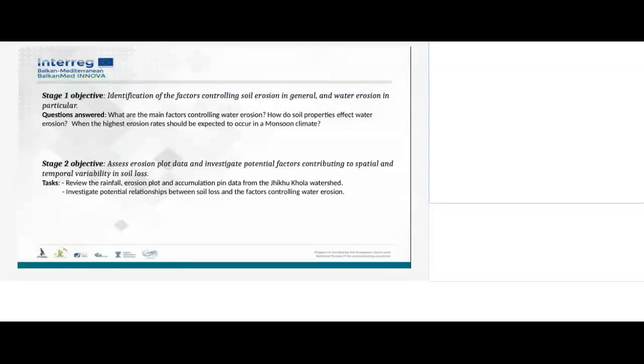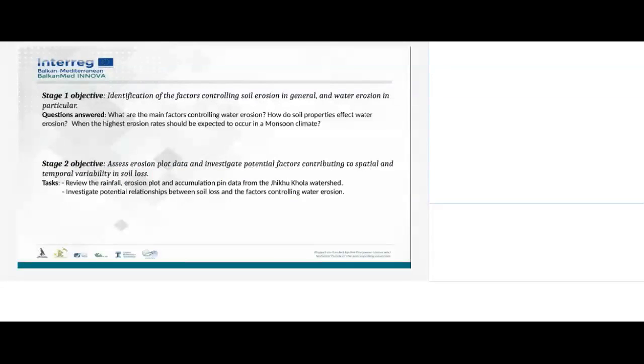This is more information which is not so important, and now we had reached the objective of the first stage, namely the identification of the factors which control soil erosion in general and water erosion in particular. The questions which we answered can be summarized as: what are the main factors which control water erosion?